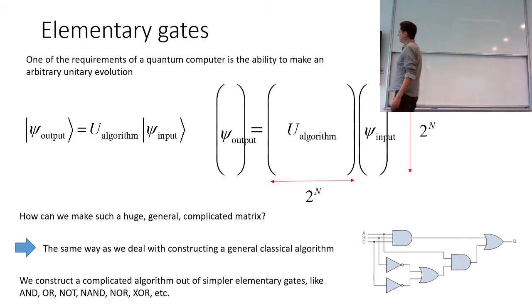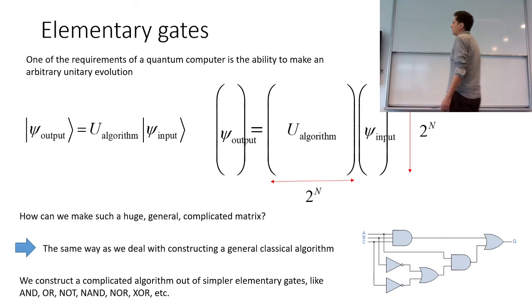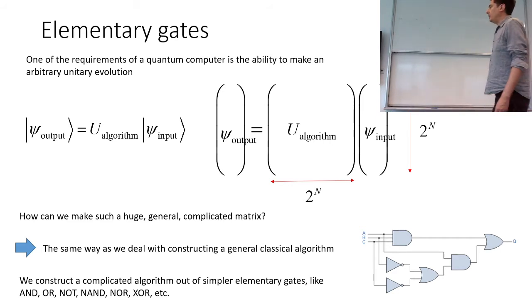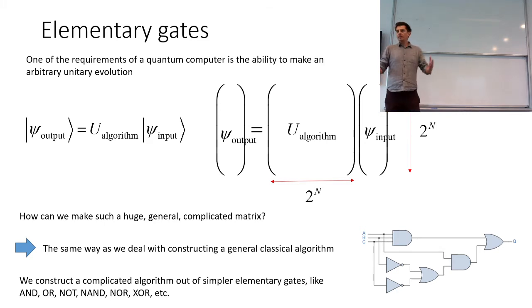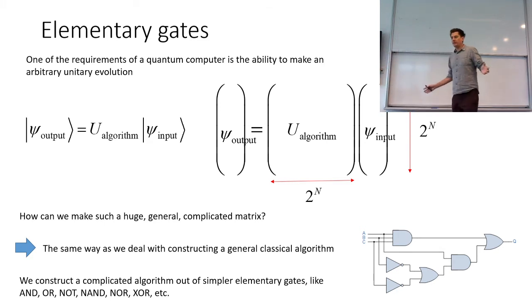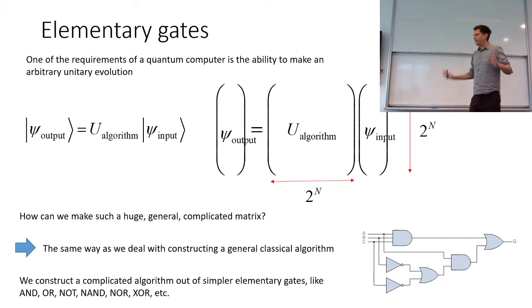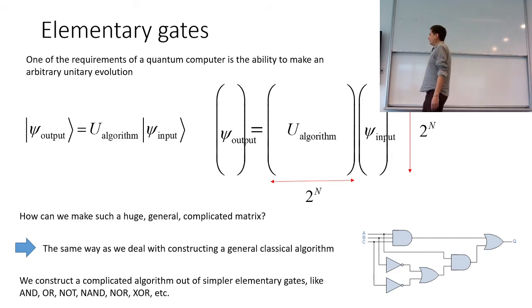The strategy that we follow is the same way as we do classically. Classically, there are a lot of different algorithms out there, an infinity of different algorithms. So how do we build algorithms? Well, we build them out of simpler gates, like AND, OR, NOT, and so forth.